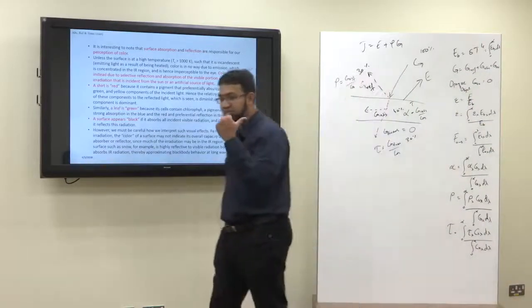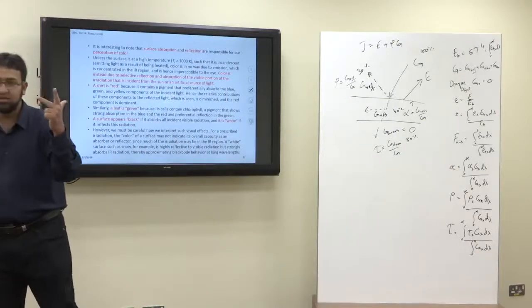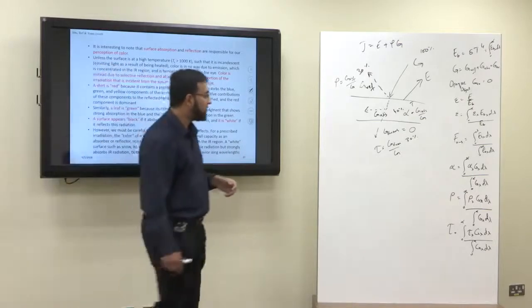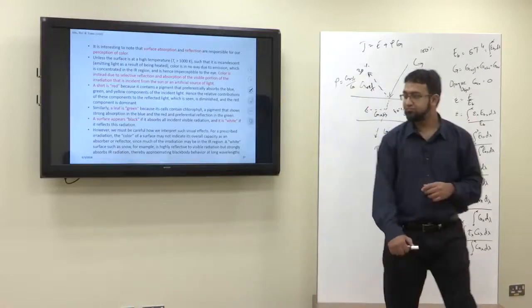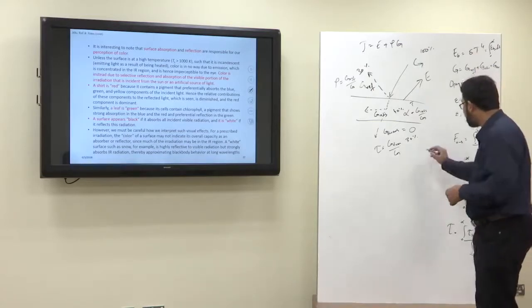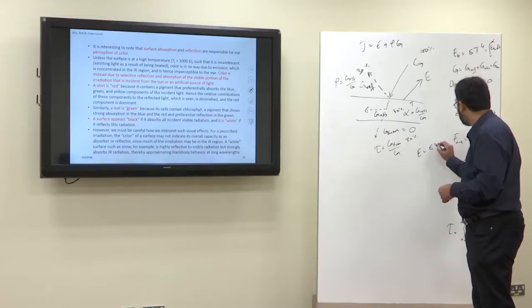So how many ratios have we defined here? Emissivity, absorptivity, transmissivity, and reflectivity: epsilon, alpha, tau, rho. Epsilon is equal to E upon EB, so E, the amount of energy emitted, will be epsilon into EB.